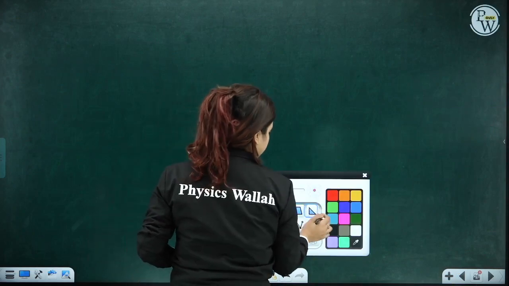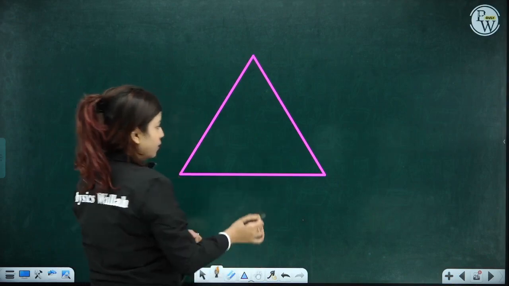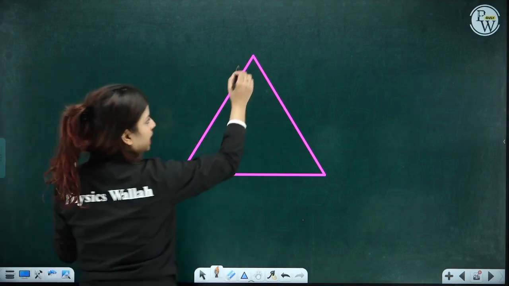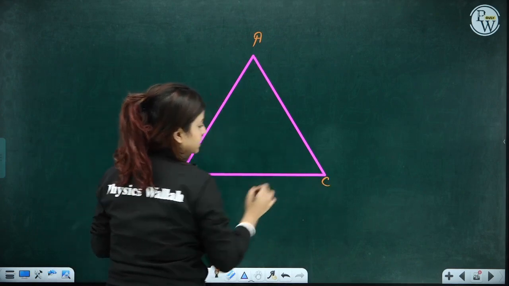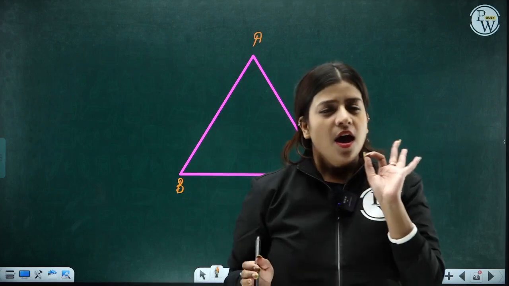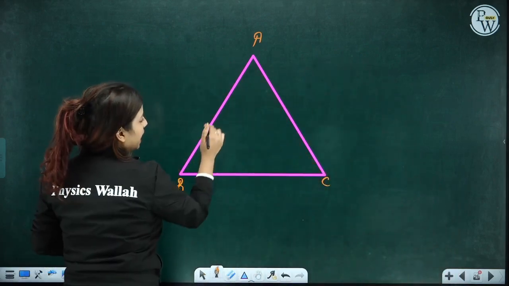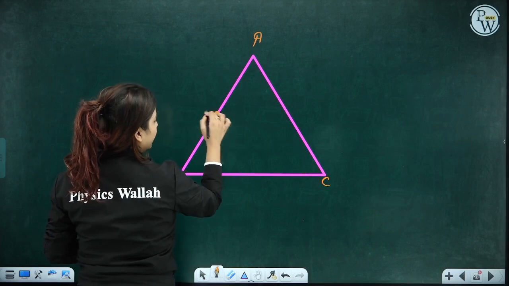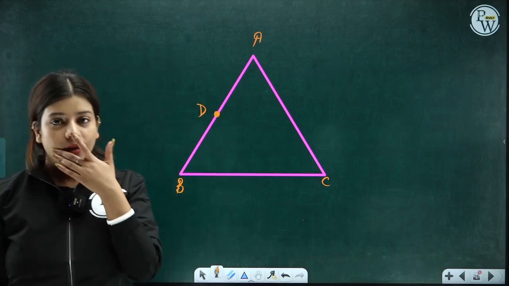For example, students, you are given a triangle. Say this is triangle ABC. For the side AB, I have given you a point D, and this D is the midpoint of side AB.